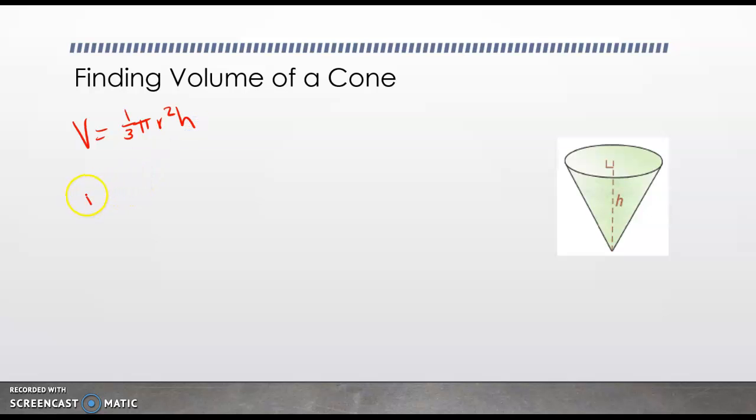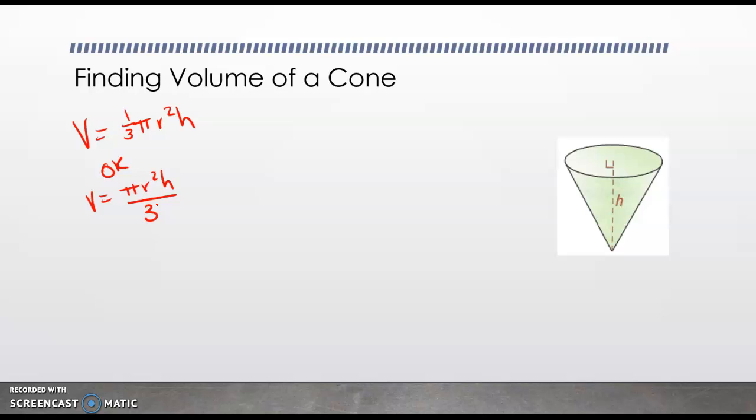But I like to think of it as doing pi r squared h, the volume of a cylinder, and then divided by 3, because 3 cones fit in a cylinder with the same circle base and height.